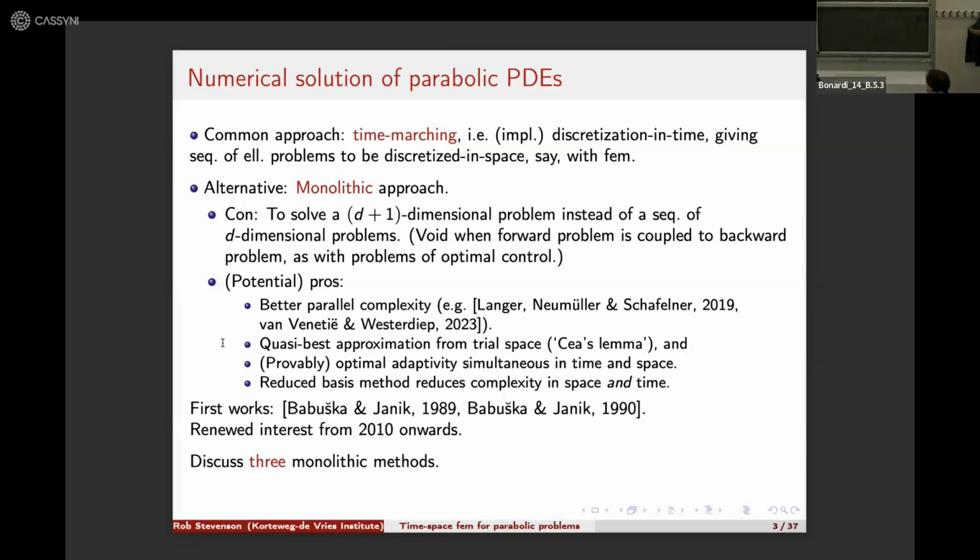And that is a necessary condition in order to get optimal adaptivity. So from each space that you generate, you should be ensured that from that space you get up to a constant factor the best approximation. Otherwise, you can never get optimal adaptivity simultaneously in time and space.